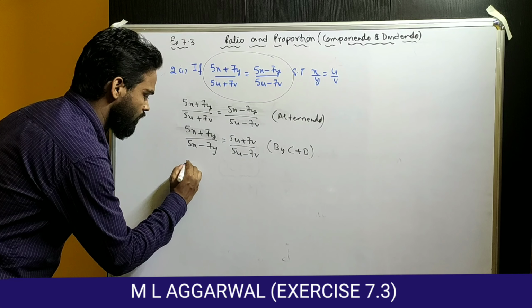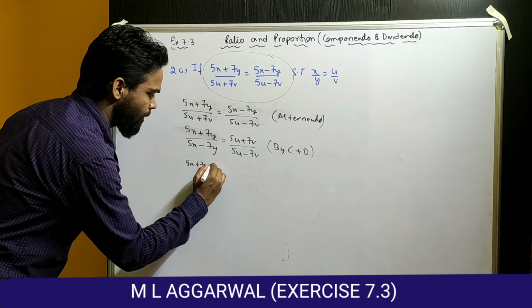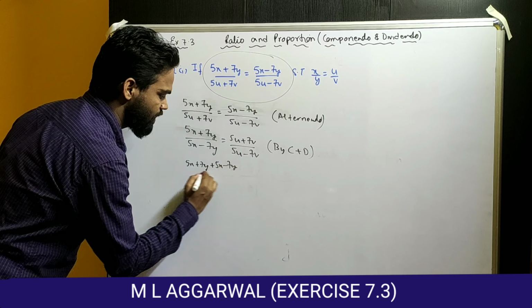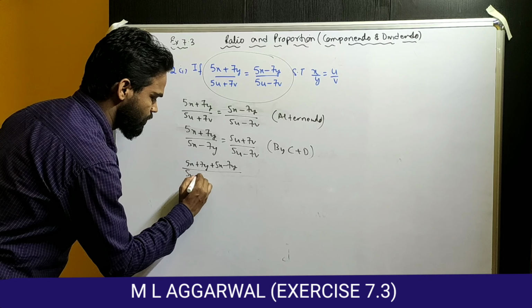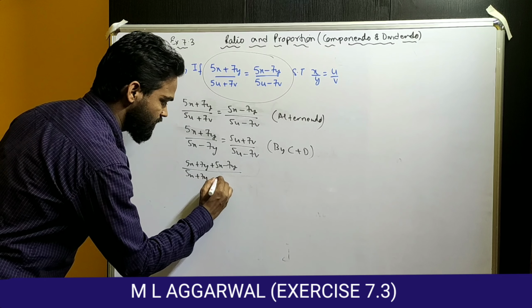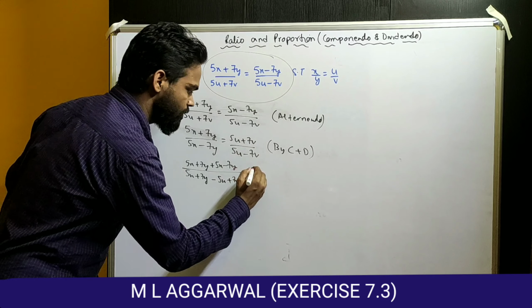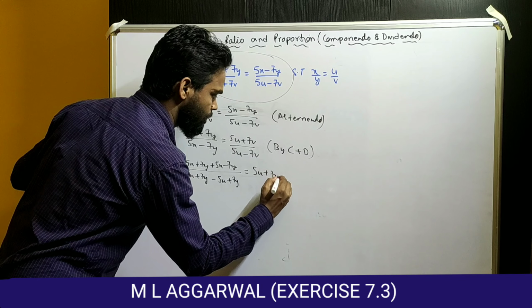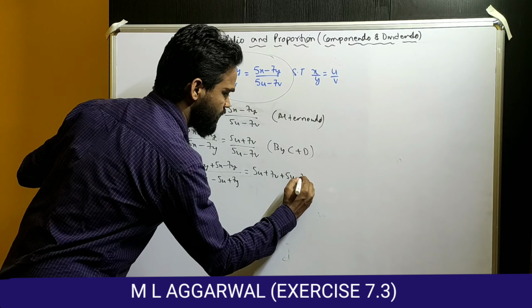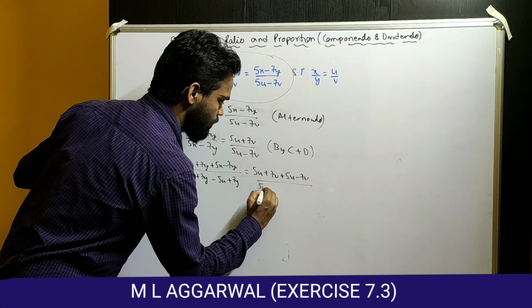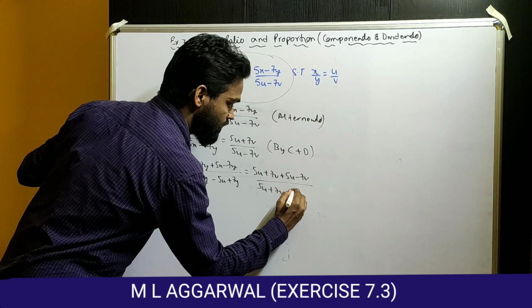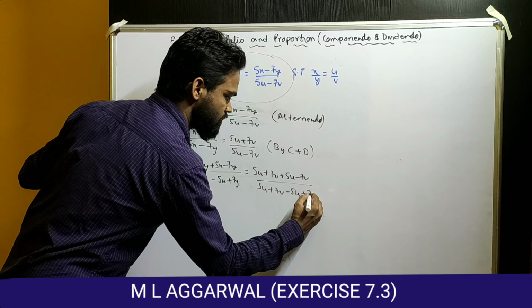Now do componendo and dividendo. What do you get? Numerator plus denominator by numerator minus denominator, the sign changes. Similarly over here, numerator plus denominator by numerator minus denominator, the sign changes.